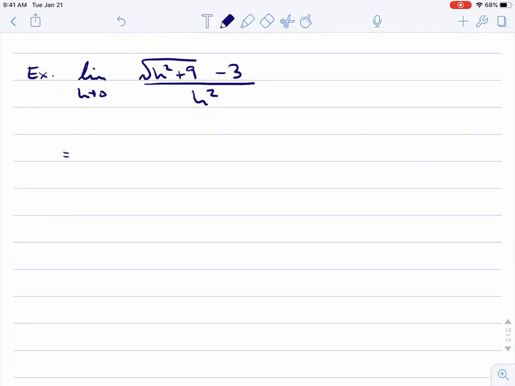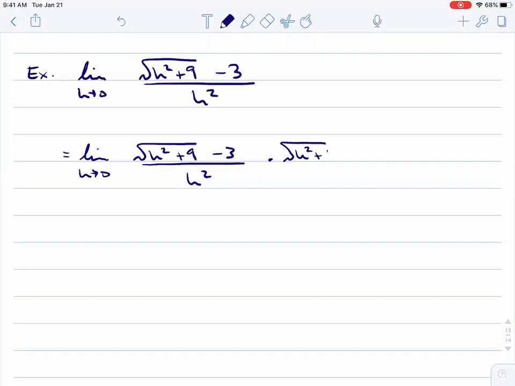So I can rewrite this as the limit as h goes to 0 of the square root of h squared plus 9 minus 3 over h squared. And then I'm going to multiply, and this is what I mean by multiplying by a convenient value of 1.